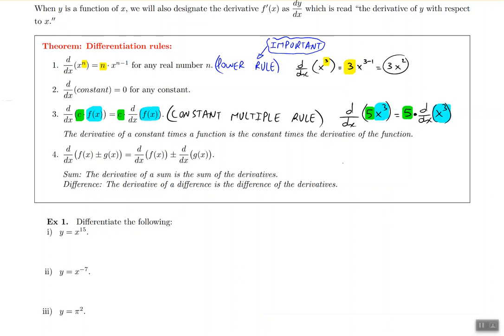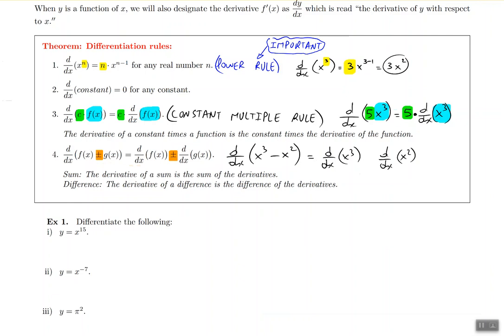Okay? Now, finally, the last rule says derivatives don't care if you have a plus or minus. So again, if you have two x terms being added or subtracted from each other and you want the derivative, you just do each one of them by itself using the power rule. So for example, if I have the derivative of x to the power of 3 minus x to the power of 2, then the rule says do the derivative of the x cubed, then do the derivative of the x squared, using the power rule obviously.